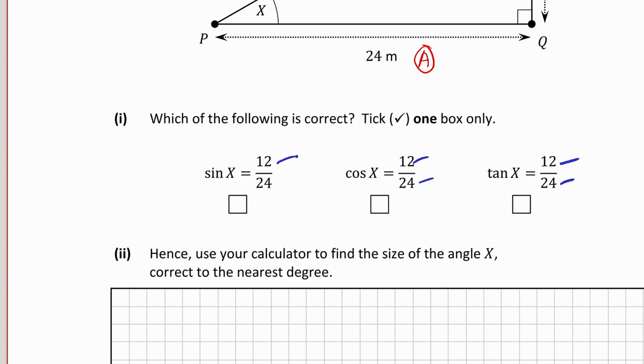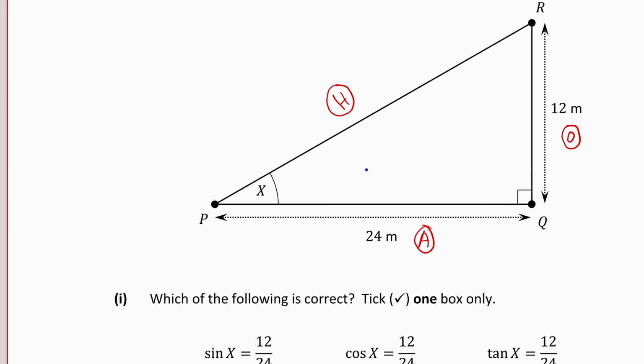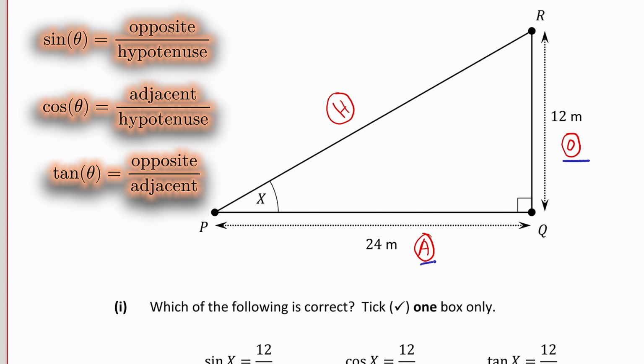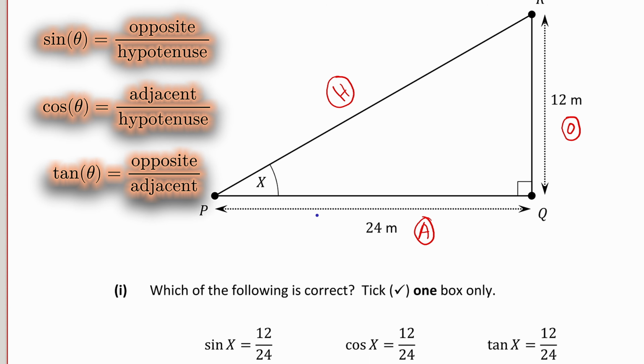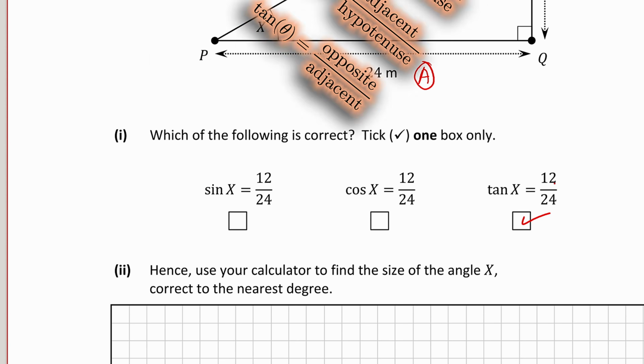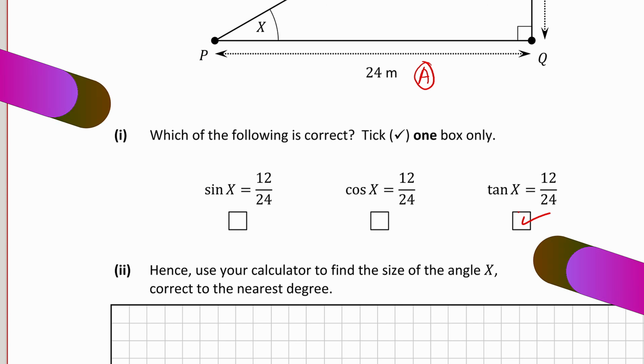If we say 12 over 24, that means opposite over adjacent sides of the angle X, and this means that we have the tangent of X. So we need to tick this box only. So tangent X is 12 over 24.